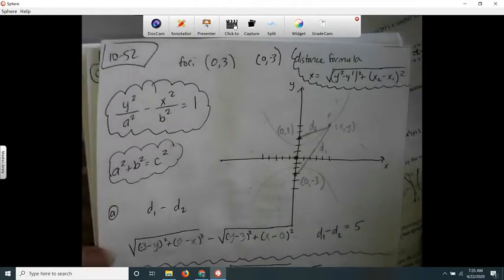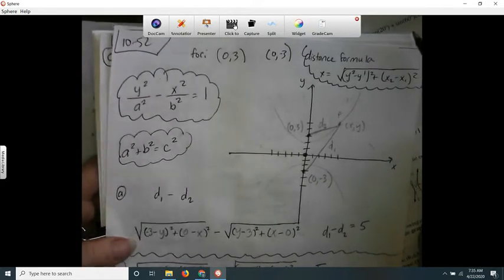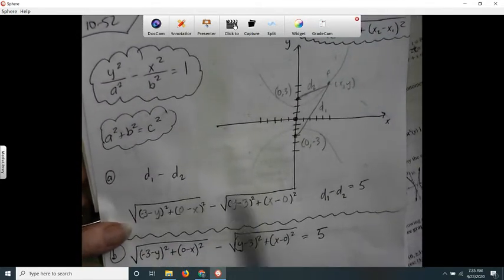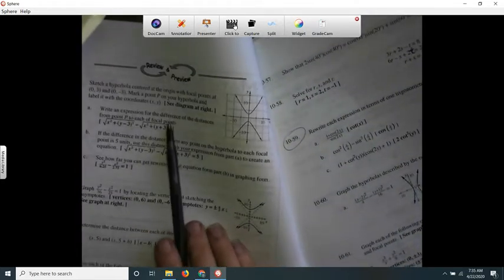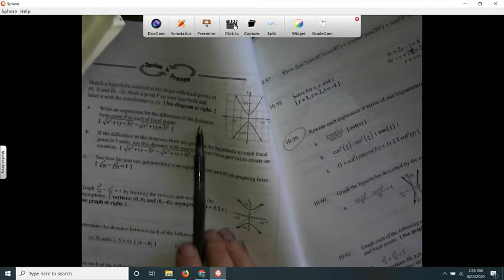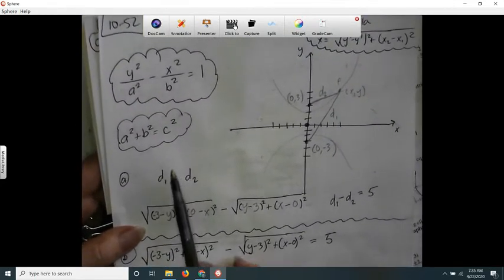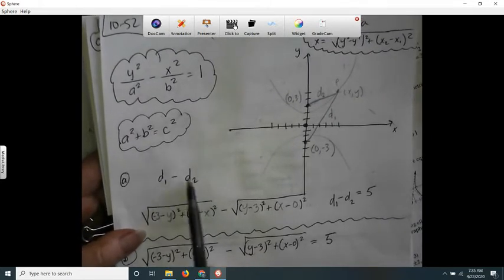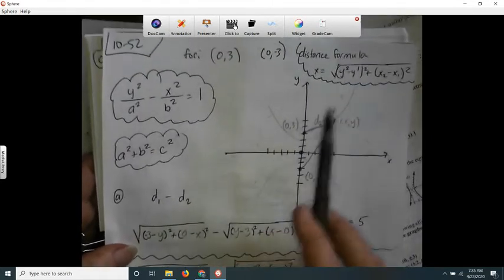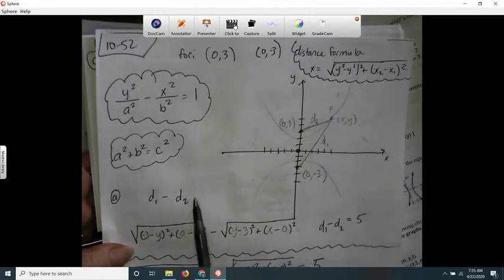On letter A, they ask you to write an expression for the difference of the distances from point P to each of the focal points. So I just plug in my distance formula.